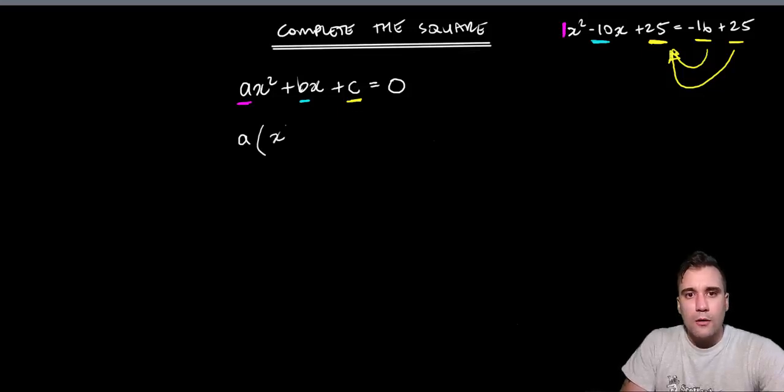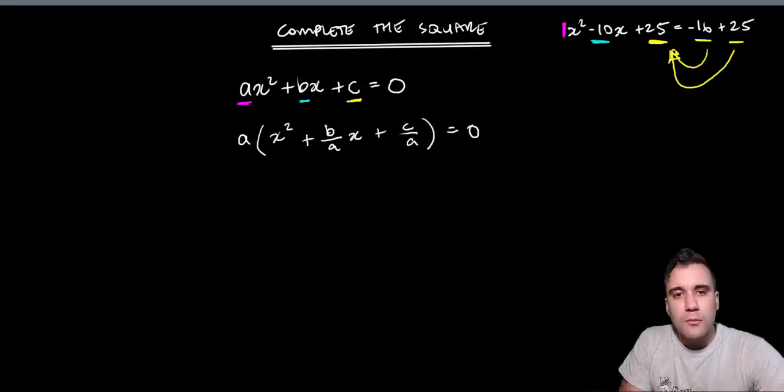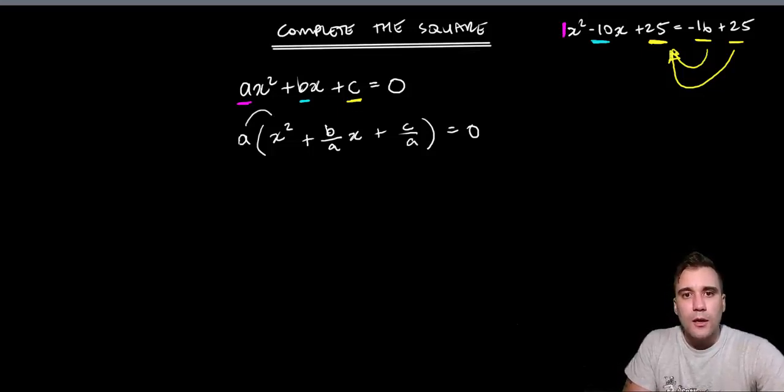If you multiply this out, a times x squared gives you ax squared, a times bx on a, the a's cancel out and you get bx, so that matches what's up here. If you do a multiplied by c on a, the a's cancel out and you just get c. So it is indeed the same as the top line.